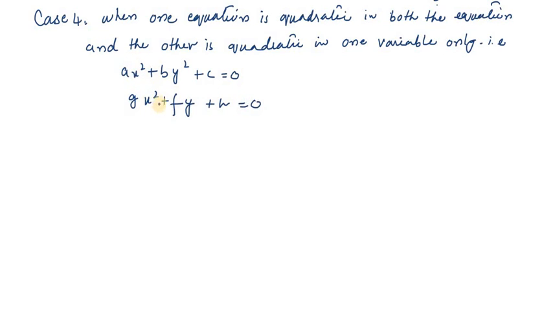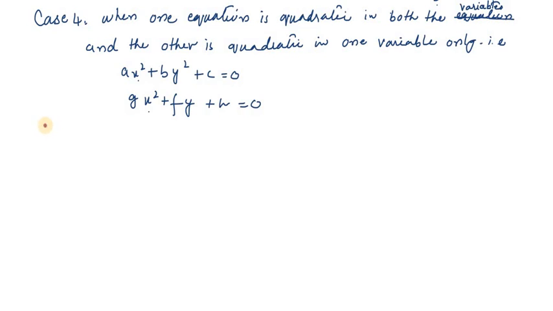So in case 4, when one equation is quadratic in both the variables, in x square and y square, the equation is quadratic, and the other is quadratic in one variable, in x square that is, and y is linear.